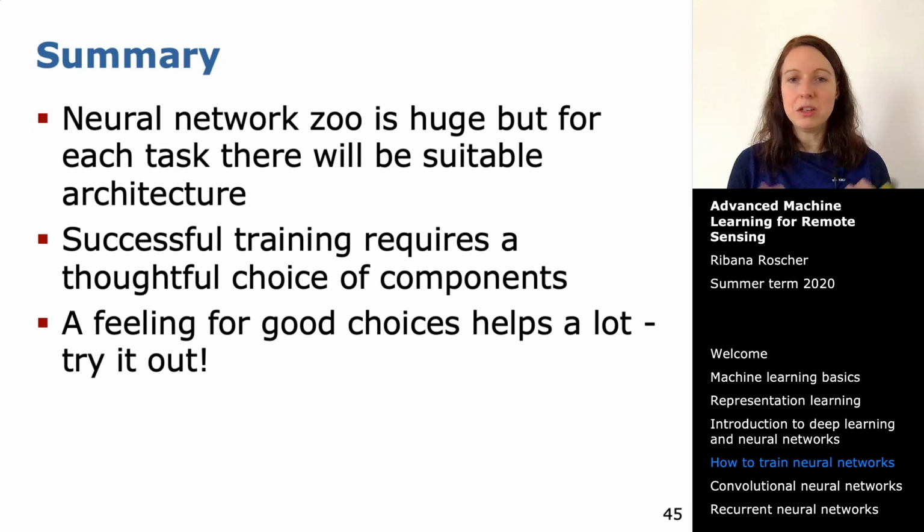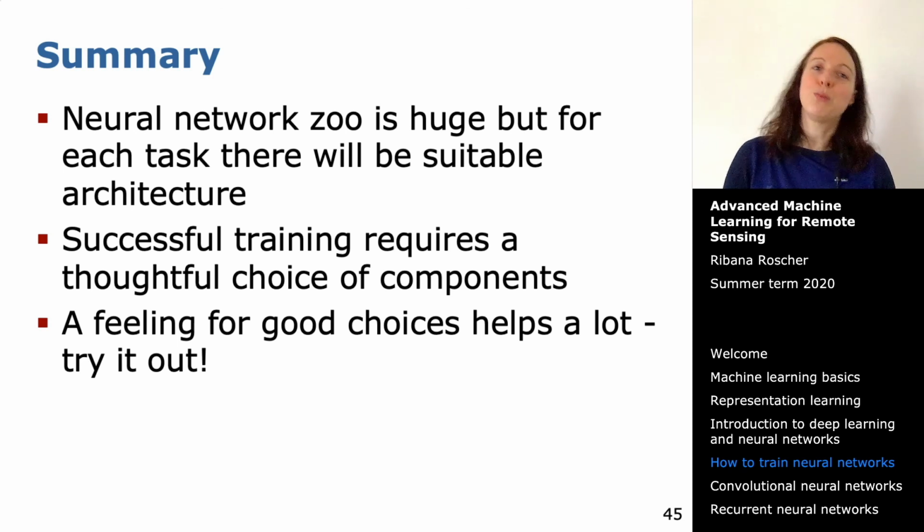That means you need to work with neural networks, and after a while, you will get a good feeling for how to choose the hyperparameters, and also which architecture will be suitable for your given task. And it's always a new challenge when you change the kind of data you're working with. This is what I wanted to tell you in this lecture.